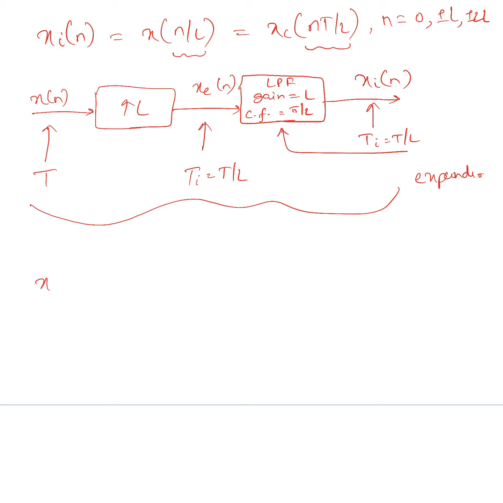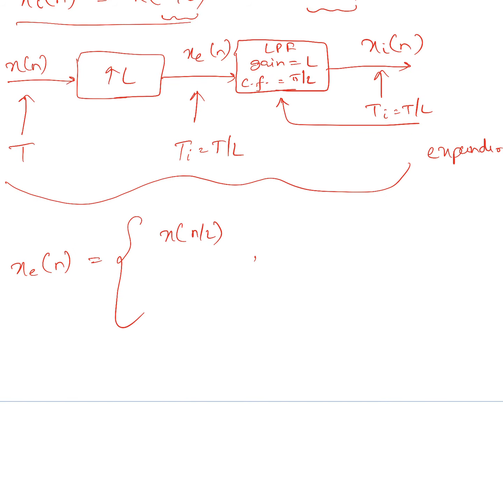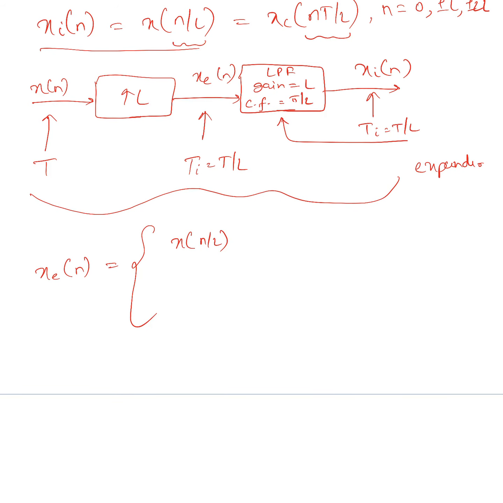On sampling and using this relationship, you will see that xe of n is nothing but the signal x at n by L for n equal to 0, plus minus L and plus minus 2L. It would be 0 otherwise. So this would be your xe of n.